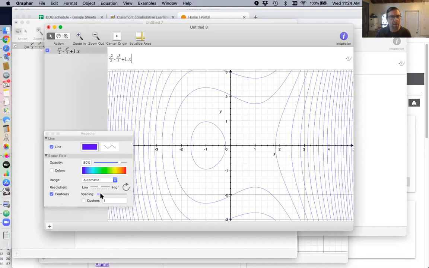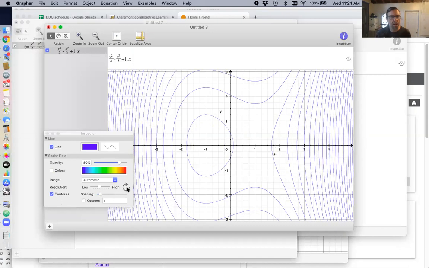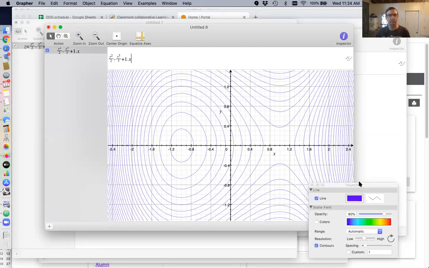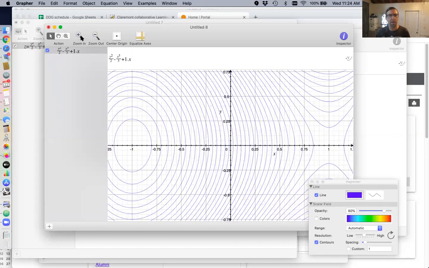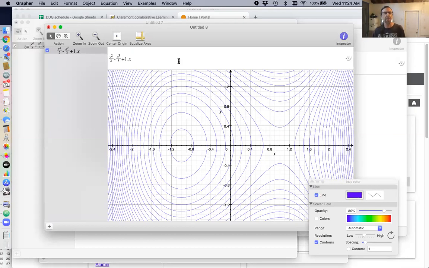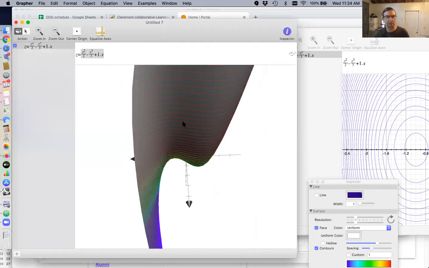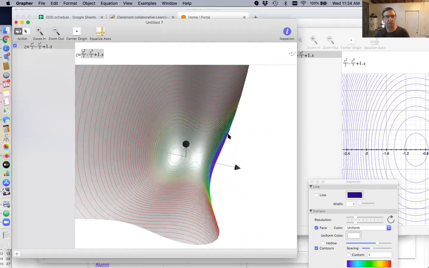Yeah, and you can kind of see it now. Zoom in a little bit. There's a good picture. Maybe zoom in a little bit more, not too much. All right, so there are the contours of this 3-dimensional function, so you can see the surface there. And that's all when a equals 1.